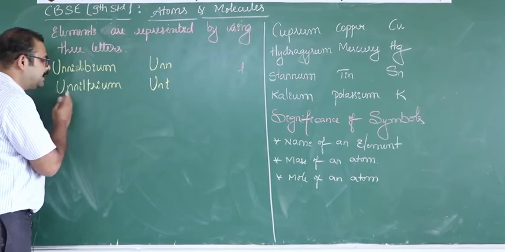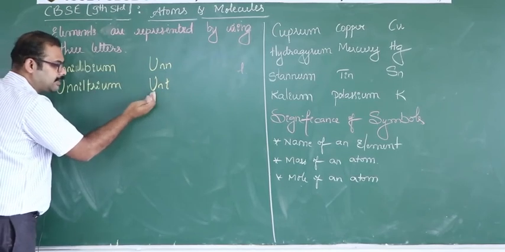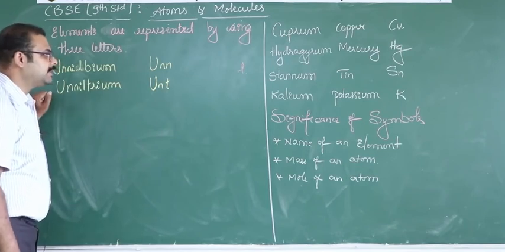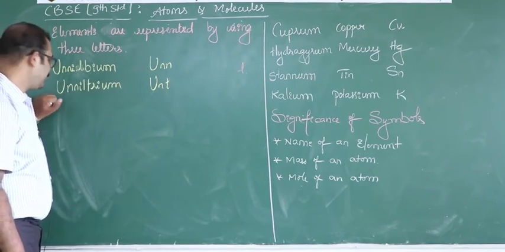And next one, unniltrium, it is Unt, again first letter is capital followed by small letters. So this is how we have to represent the symbol of an element.